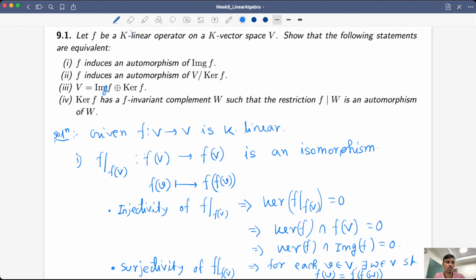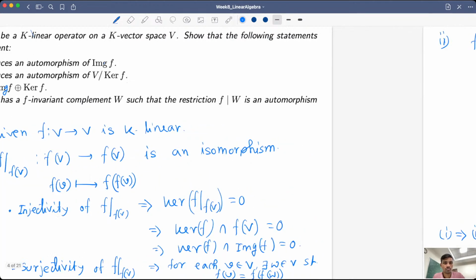So 4 is just a combination of 1 and 3. Okay, so this completes the whole problem.